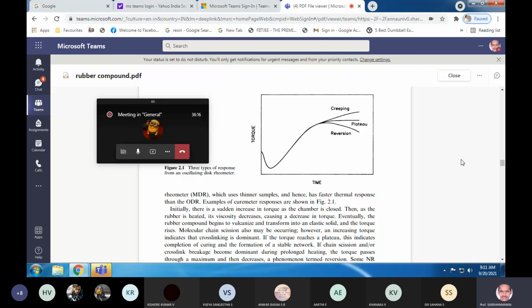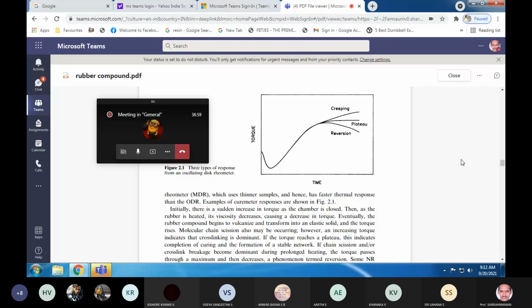I'm not generalizing for 100%, let us say about 90% of the compounding recipes that we come across, or in terms of volume we consume, it may either be a reversion or a little tendency towards plateau.